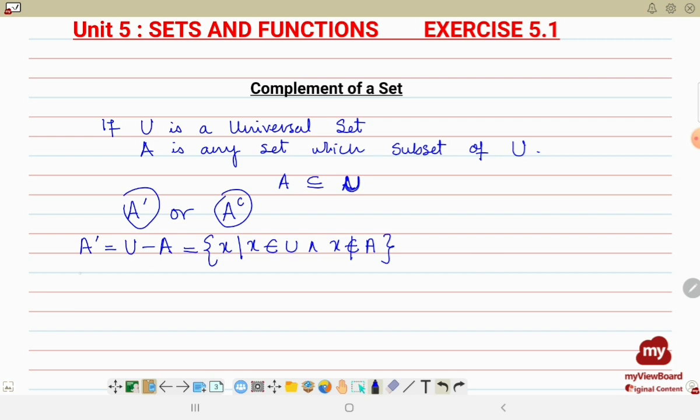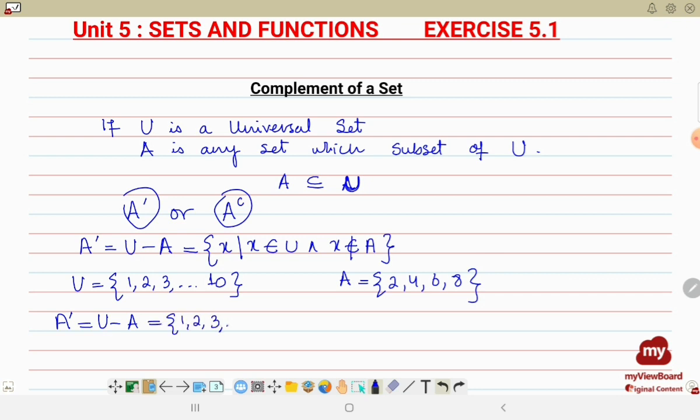For example, if U is the universal set, we consider 1, 2, 3 till 10, and A can be any set which should be a subset of U. Let it be 2, 4, 6 and 8. And we are supposed to take the complement of A. We'll write it as A complement, which will be equal to U minus A. We'll write U first, 1, 2, 3 till 10, minus, and then A, 2, 4, 6, 8.